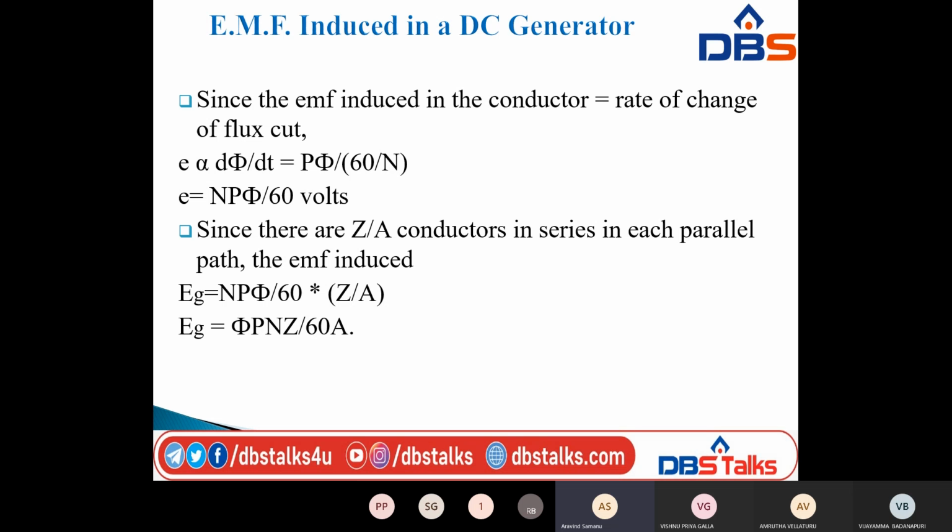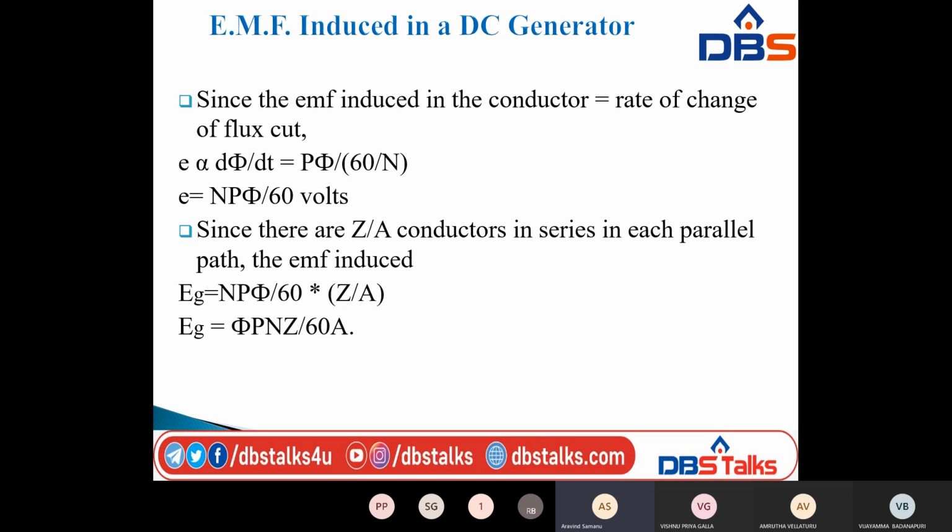Depending upon this, we already know the conductor cuts the flux P phi for one complete revolution. So I put P phi in the d phi place, divided by dt, where, as the speed is N rpm, the time taken for one revolution is 60 by N seconds.